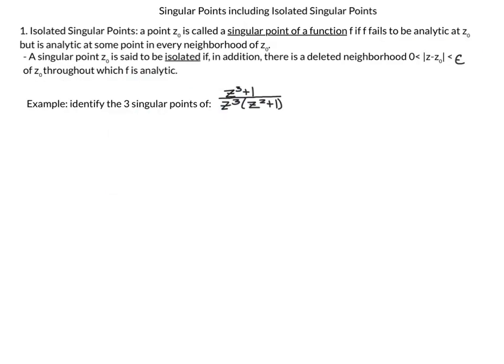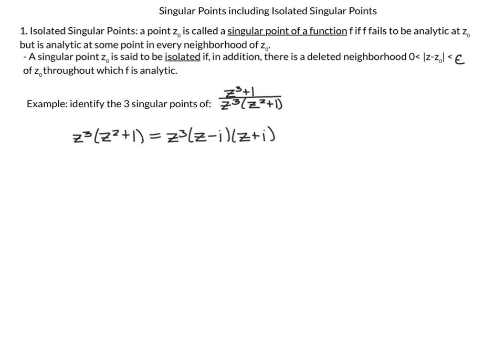We will start with the example of identifying three singular points of the function f of z is equal to (z cubed plus 1) divided by z cubed times (z squared plus 1). To find where this function fails to be analytic, I'm going to look at where we have division by 0, and I'm going to start by looking at the denominator and going ahead and factoring my z squared plus 1.